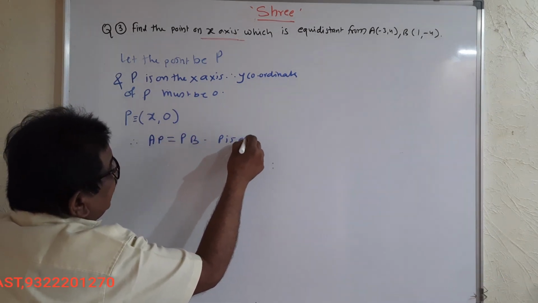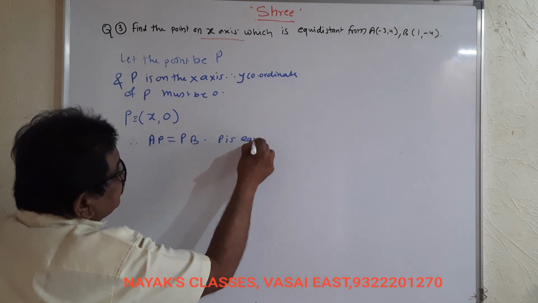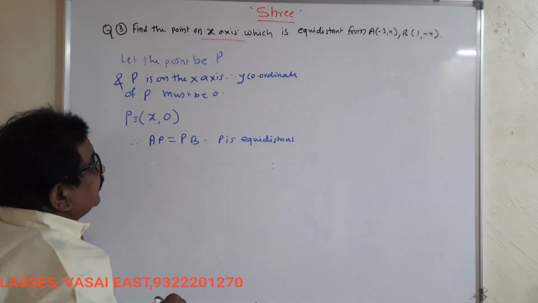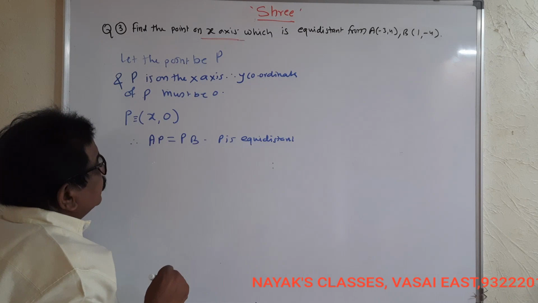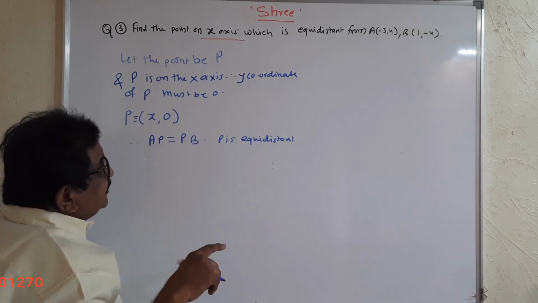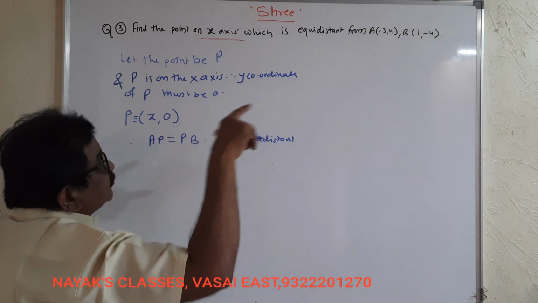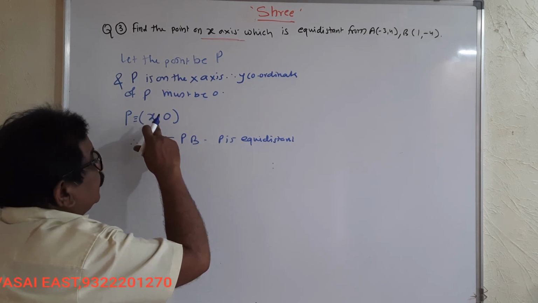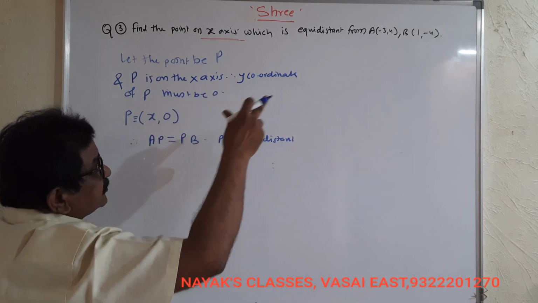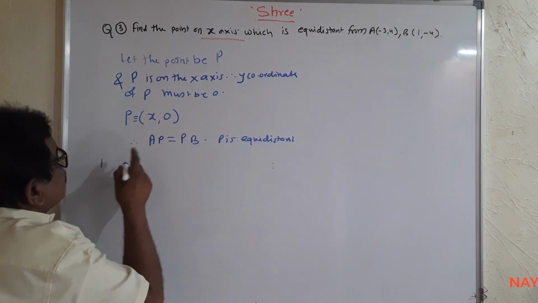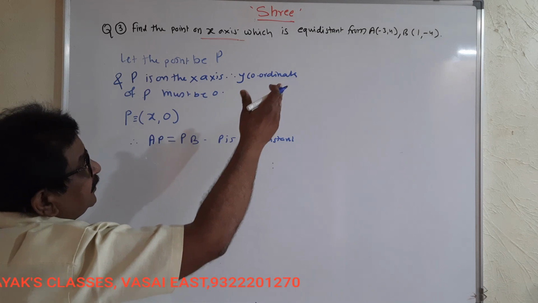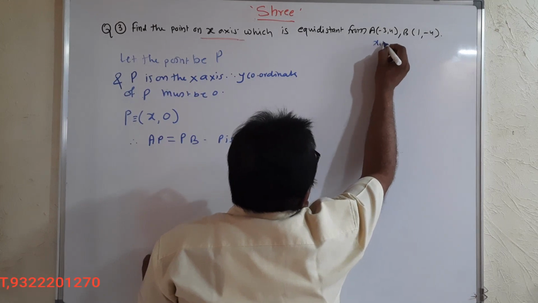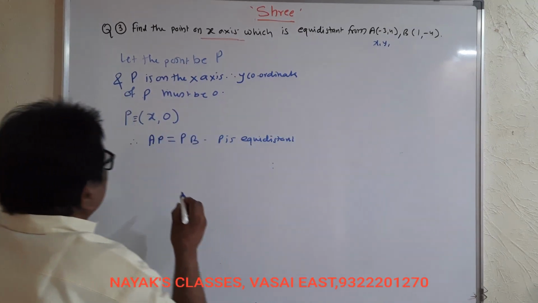Now, when we want to find distance AP, A will be x1, y1 and P will be x2, y2.